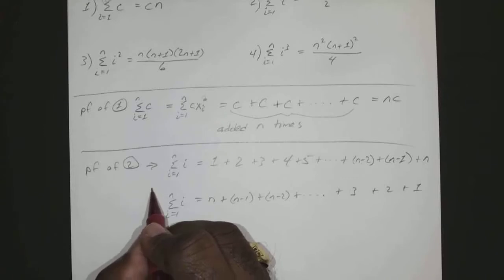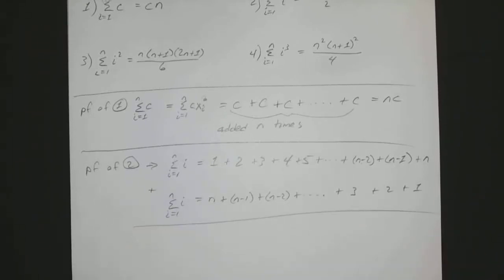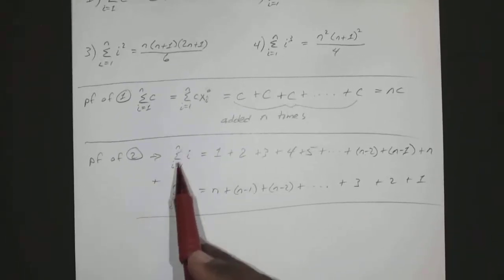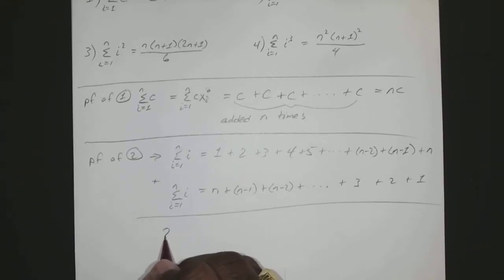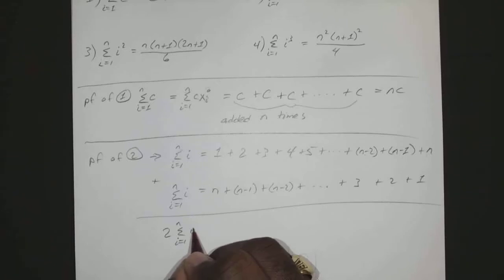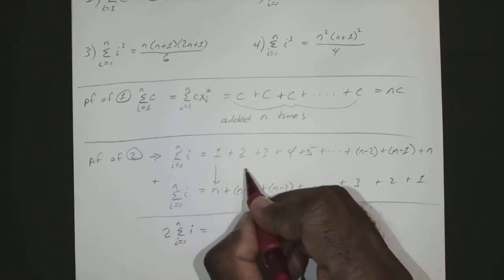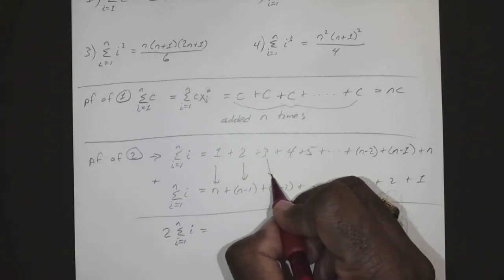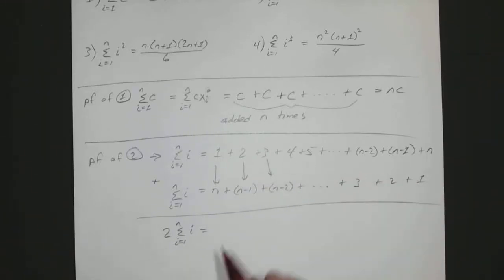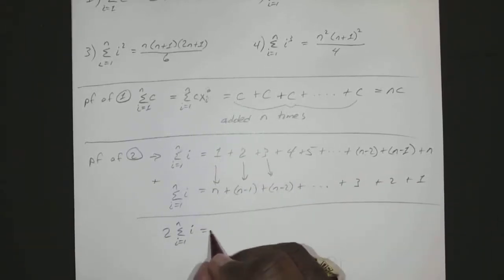All right. So we'll just go ahead and add these two together. So since we're adding these two summations, it's just 2 times the sum from i equals 1 to n of i equals, and we'll add each of these terms together. So if you notice here, you'll have n plus 1.